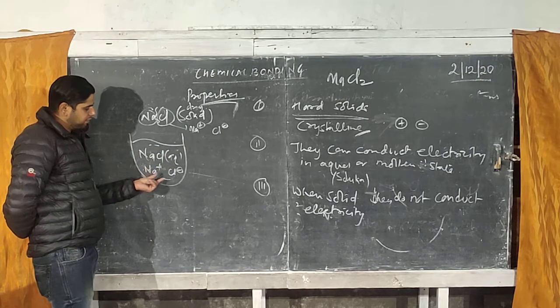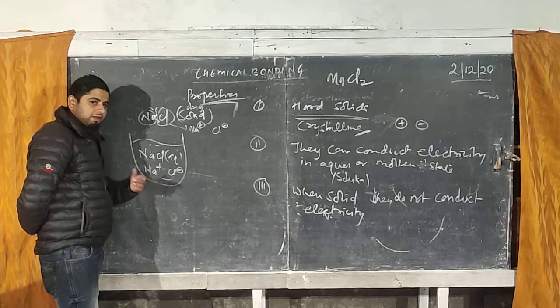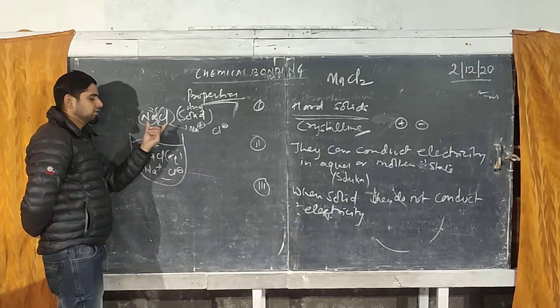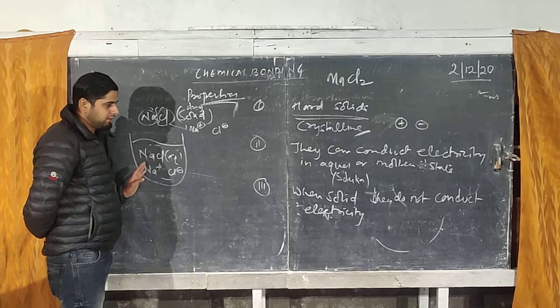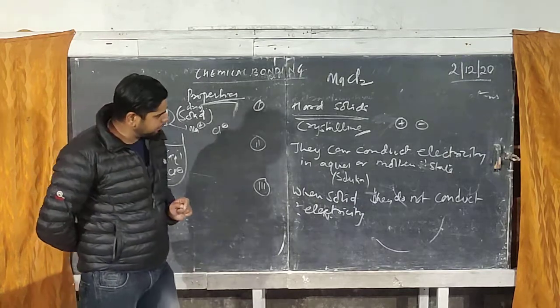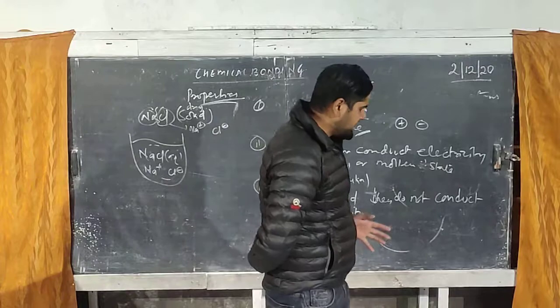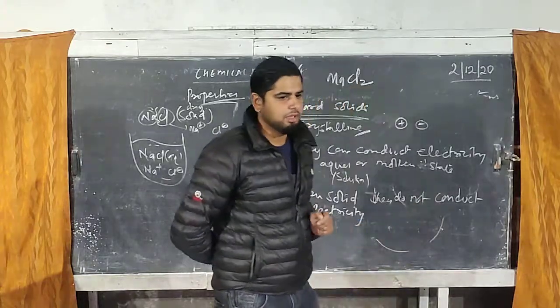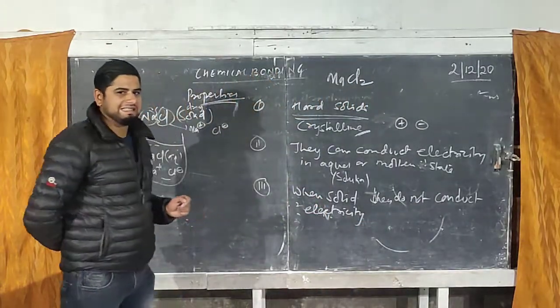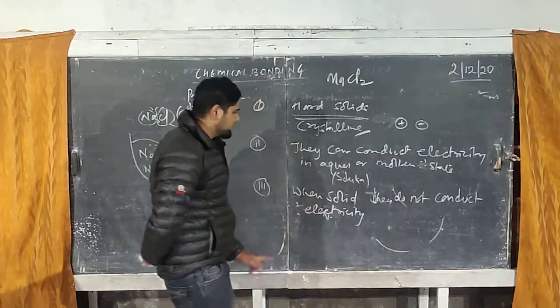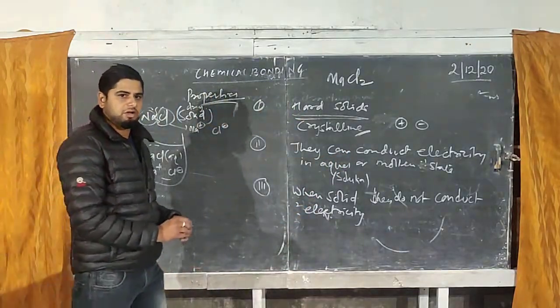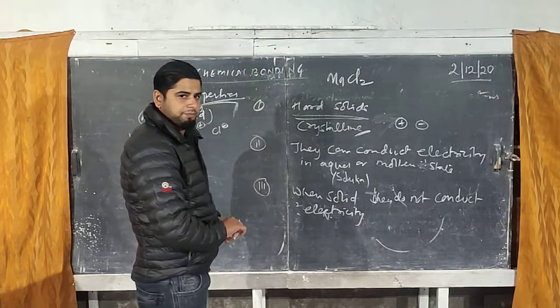So here formation of ions, so conduction of electricity. Here no formation of ions, no conduction of electricity. Correct? So all ionic compounds can conduct electricity only in aqueous or molten state, not in solid state. Got it or not? Okay.